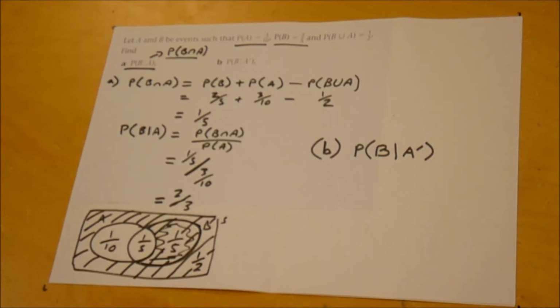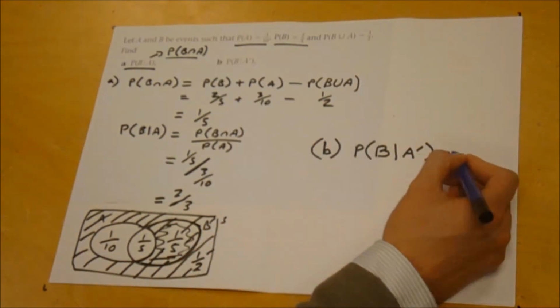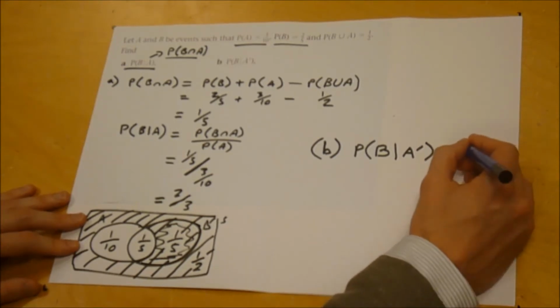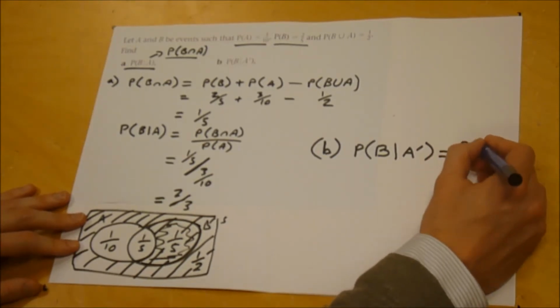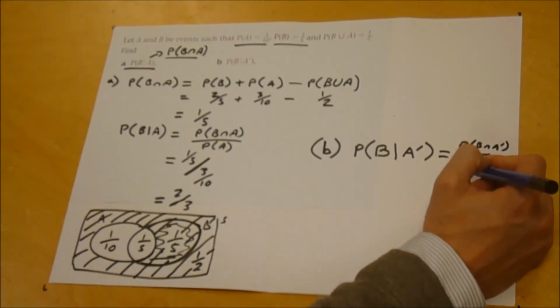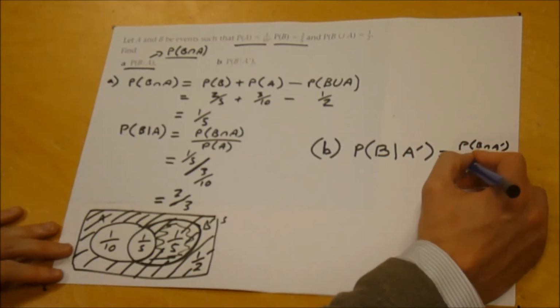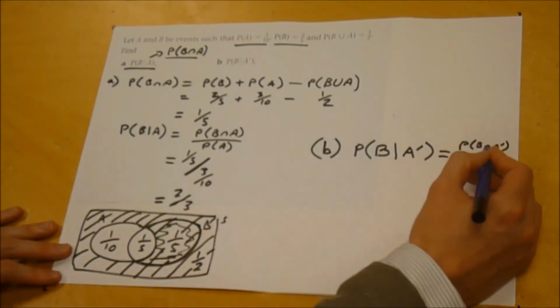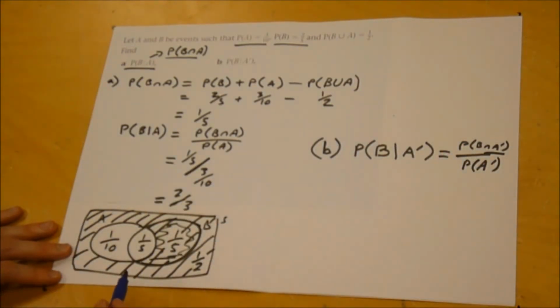We want the probability of B and A complement divided by the probability of A not occurring, A complement. So that's how it would work in the multiplication rule.